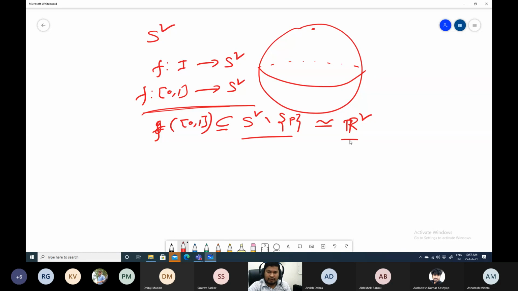So you have a path in R2. Since R2 is null homotopic and this is a homeomorphism, you can pull back to the map here. Therefore f will be homotopic to some constant path, say at some x0. Now this is true, but the problem is that the map f can be surjective.